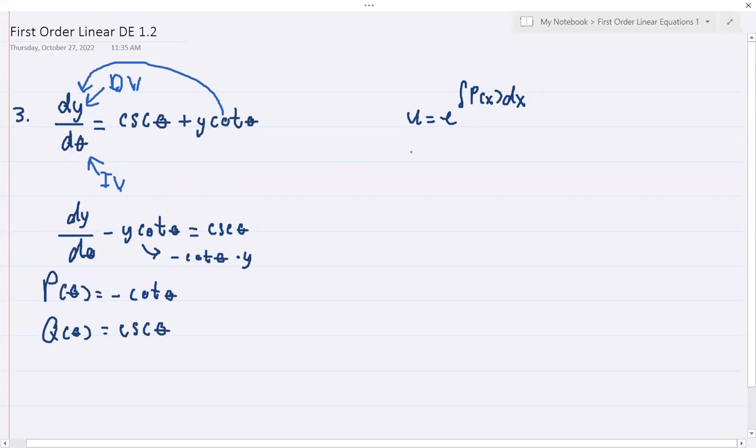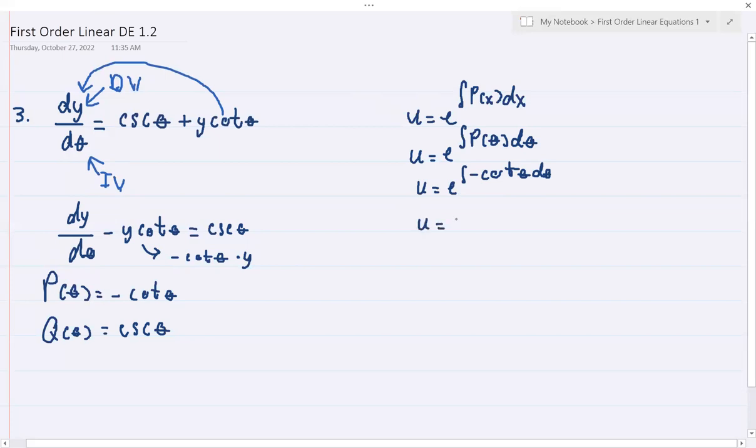Therefore, u is equal to e raised to the integral of p of theta times d theta. Now let's substitute. Since your p of theta is equal to negative cotangent of theta, we will have u is equal to e raised to the integral of negative cotangent of theta. What is the integral of negative cotangent of theta?